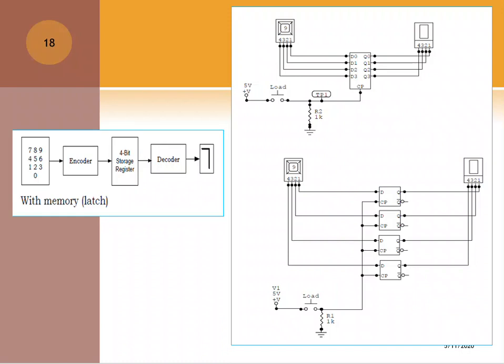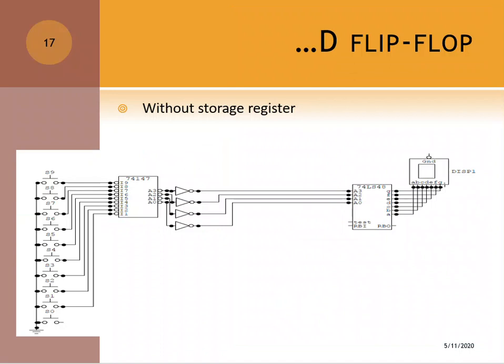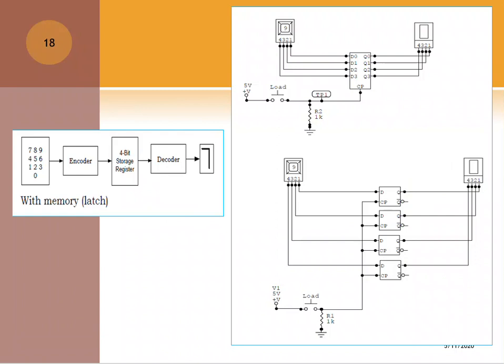Okay, this one without storage register. Maksudnya bila you tekan, nombor tu pergi ke encoder, pergi ke decoder dan display. Bila you lepas je tangan you daripada keypad tu, nombor tu akan hilang. So how to make sure nombor tu kekal pada display? You have to add 4-bit storage register ataupun latch ni.